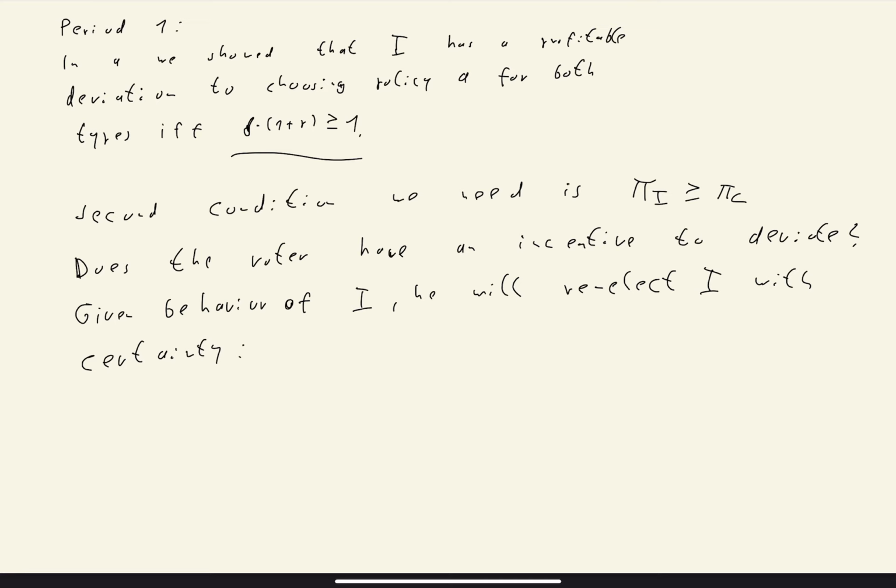And this gives him an expected utility of the following. His expected utility of the strategy is pi I times whatever utility he has when his preferred policy is chosen, let's say it's 1, plus 1 minus pi I. There can also be the case that the incumbent is of a dissonant type, because he cannot infer it from his action in the first period. Then he will get 0, so this is equal to pi I.